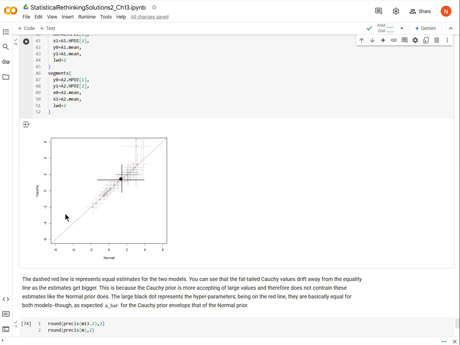Now what you see is that all these gray dots basically lie right on the same line. In other words, the two models are giving us very similar estimates, except for when we get out here to the extremes, and now the Cauchy distribution starts to allow much higher estimates.